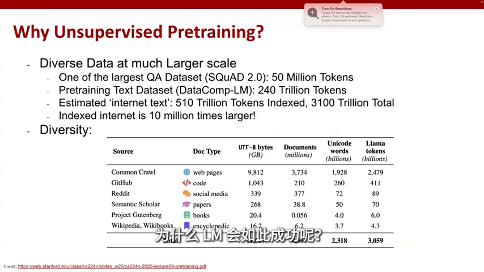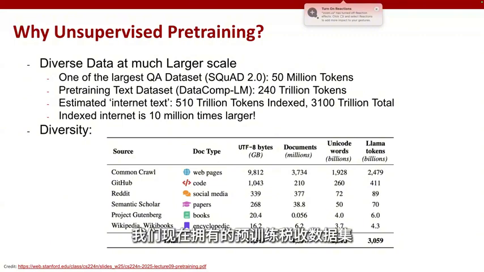But why are LLMs so successful? Well, it's because we have the whole internet text to train on. Diverse data at that much larger scale is essential for the LLM to obtain this kind of capability. If you think about one of the largest QA data sets, called Squad 2.0, it has around 50 million tokens.